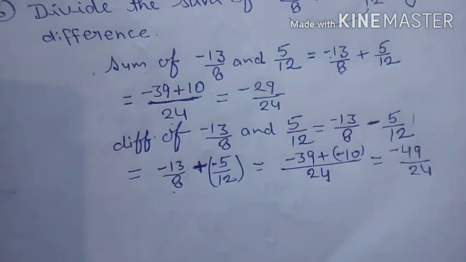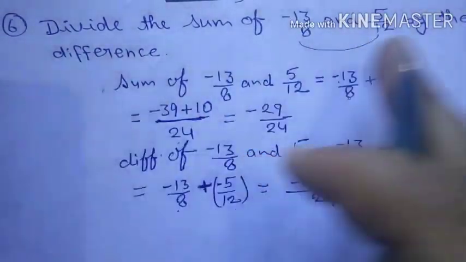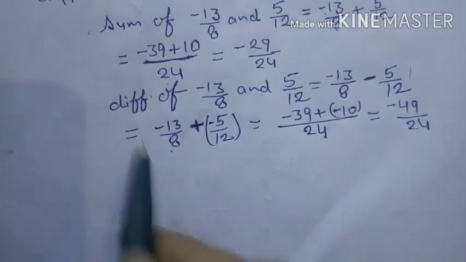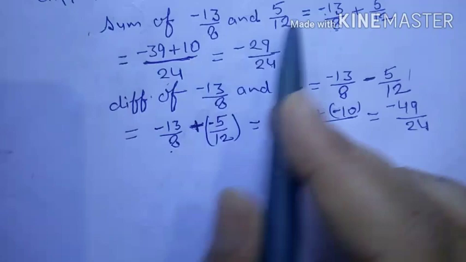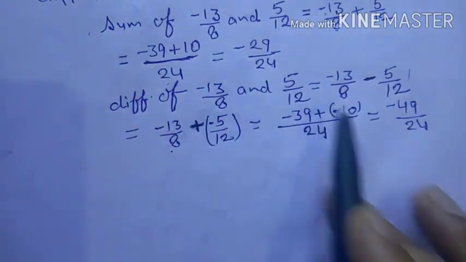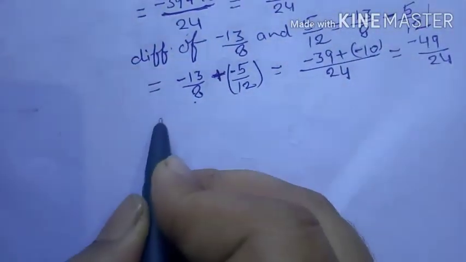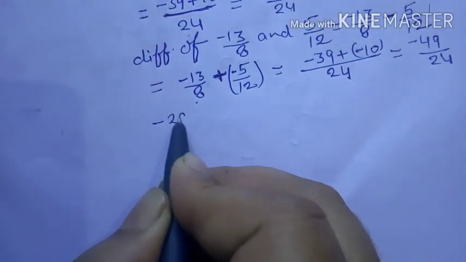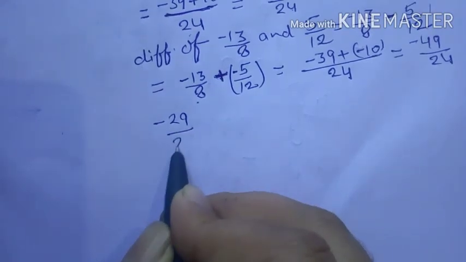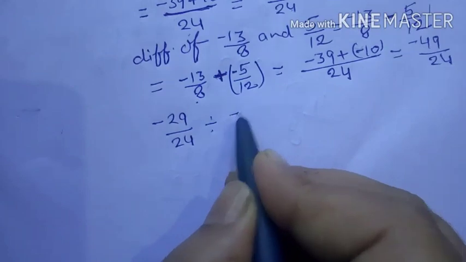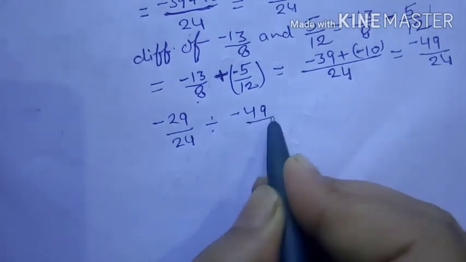The question is to divide the sum of these two rational numbers by their difference, and we have found the sum and the difference. Now we will divide the sum by the difference. The sum is minus 29 upon 24, and the difference is minus 49 upon 24.